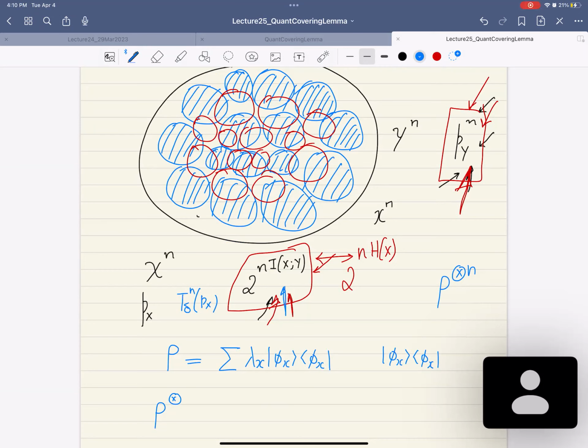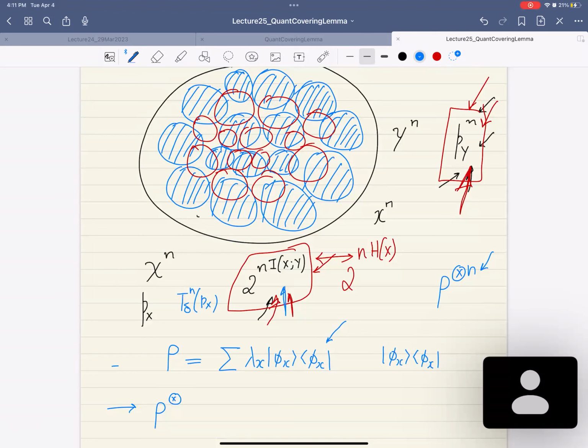Now the question is, how many subspaces should I pick to essentially simulate rho tensor n? In other words, I'm giving you a sparser characterization of this quantum state. Think of px as easy to prepare. It's very easy to prepare, so it has less detail.